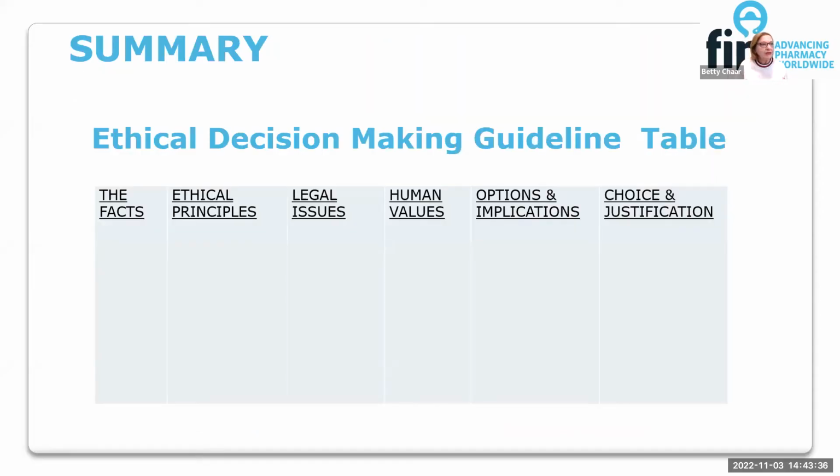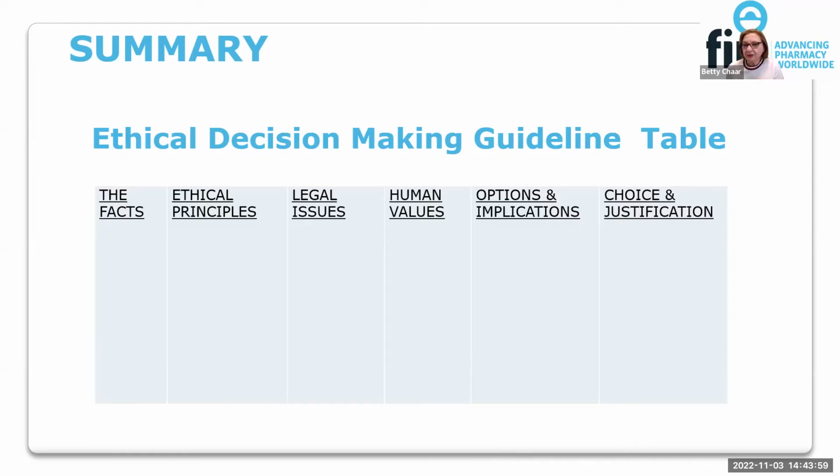So in summary, if you could possibly just remember this table, it will help you run through ethical decision-making quite efficiently. What are the facts? Who's involved? What's involved? What ethical principles are incurred? What legal issues, if any, apply?